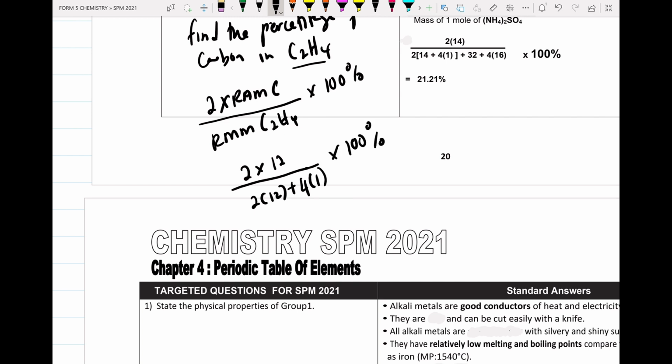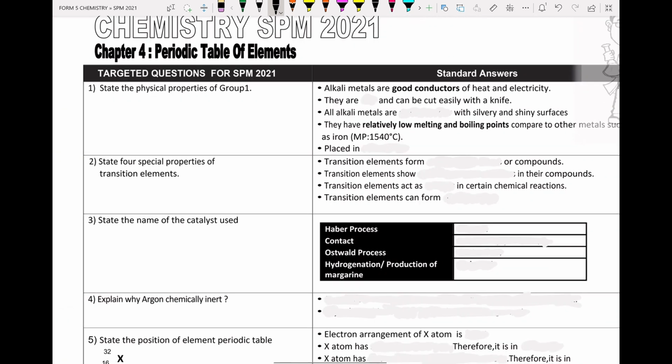Then take the calculator and find the answer. 24 divided by 24 plus 4, which is 28, times 100%, and the answer will be 85.71%. All right, we move on to the next part.